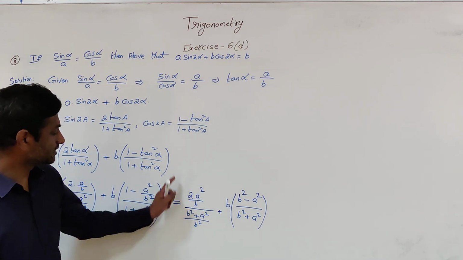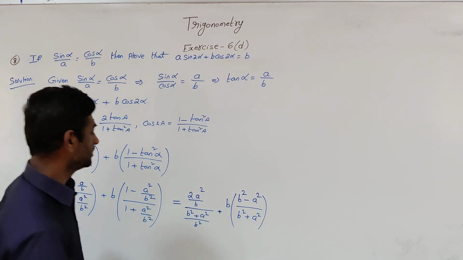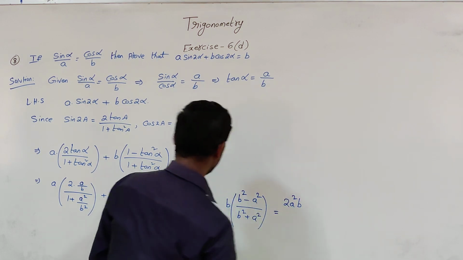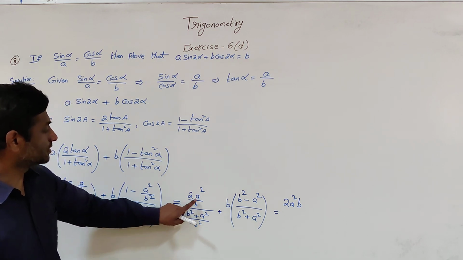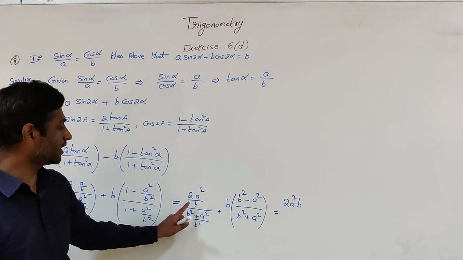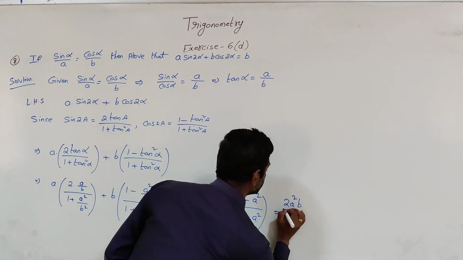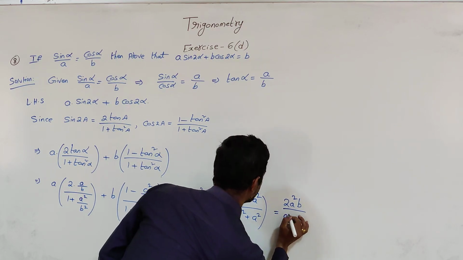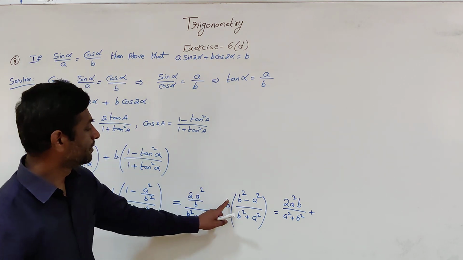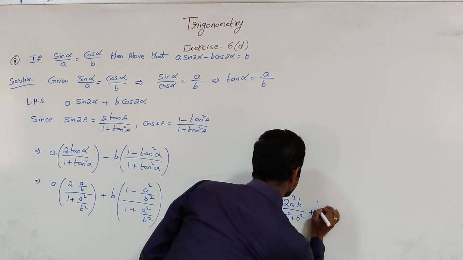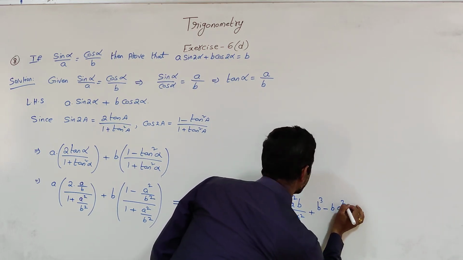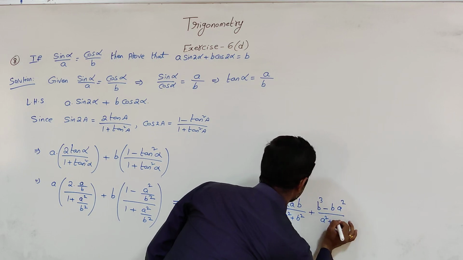Now the simplification of this will be, B by 1 B gets cancelled, so it will be 2A square B. Because 2A square by B into B square by B square plus A square, so one B gets cancelled and you will get this term by A square plus B square, plus B into B square will be B cube, minus B A square by A square plus B square.